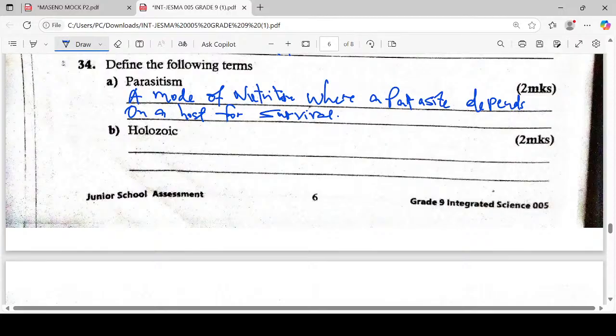Then we have what is called holozoic, a mode of nutrition where an organism takes in solid complex food, where it is broken down into small soluble substances that the body can absorb.